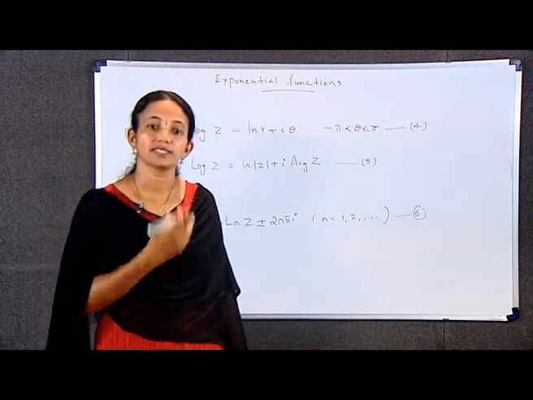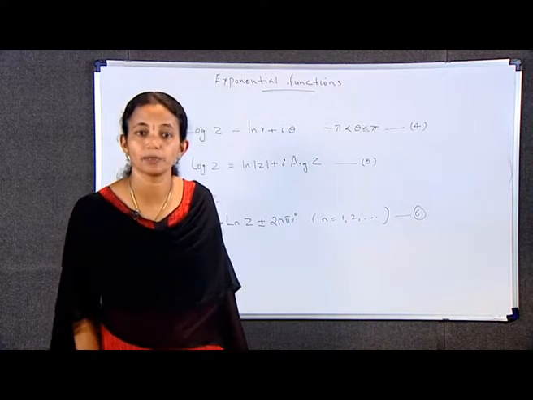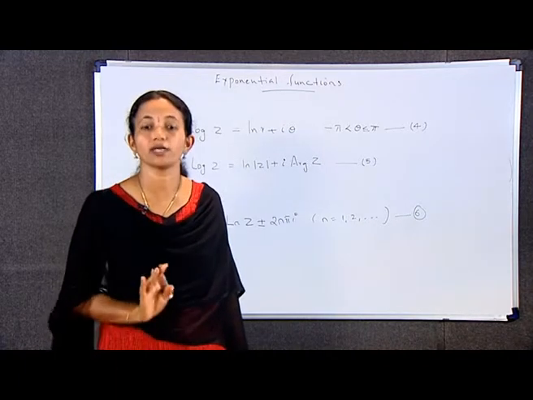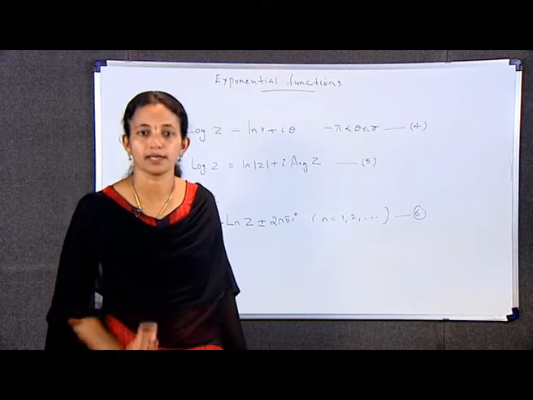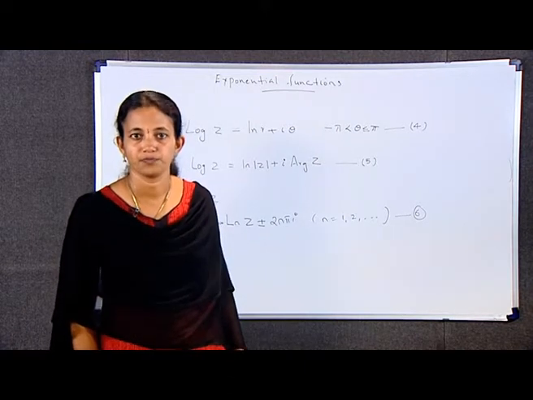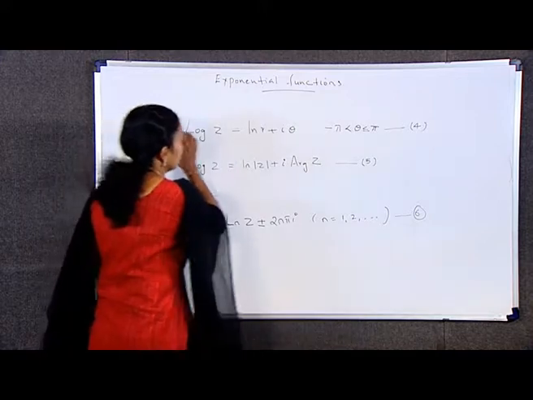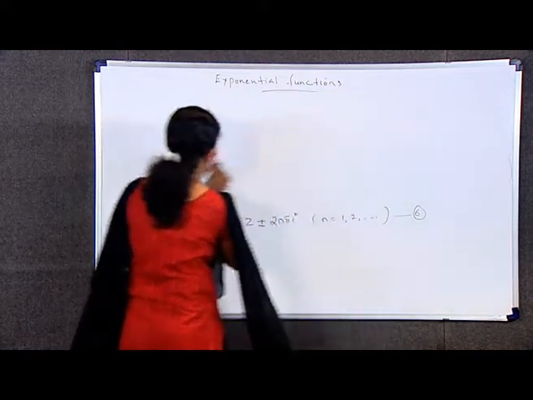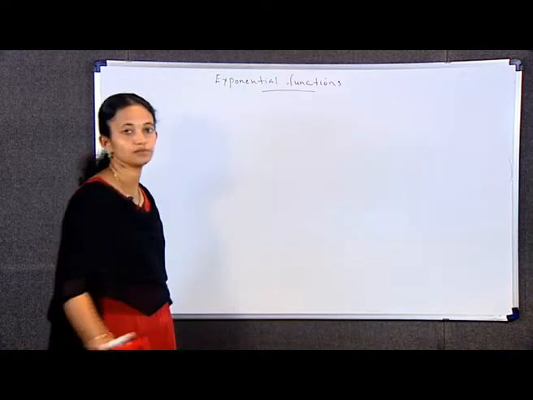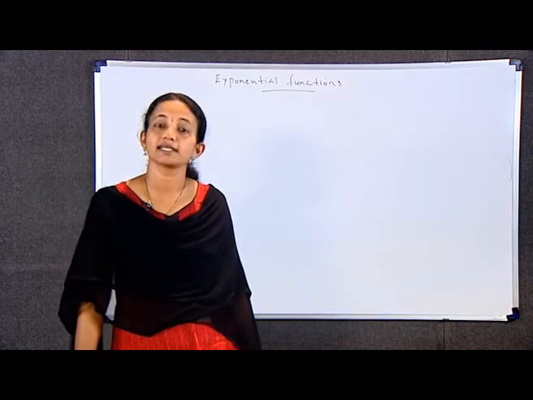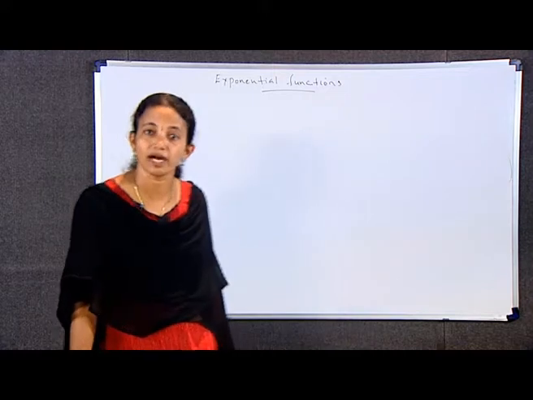Next, we have this log z defined above reduces to the usual natural logarithm in calculus when z is a positive real number r. That is, write z is equal to r e raised to i 0.